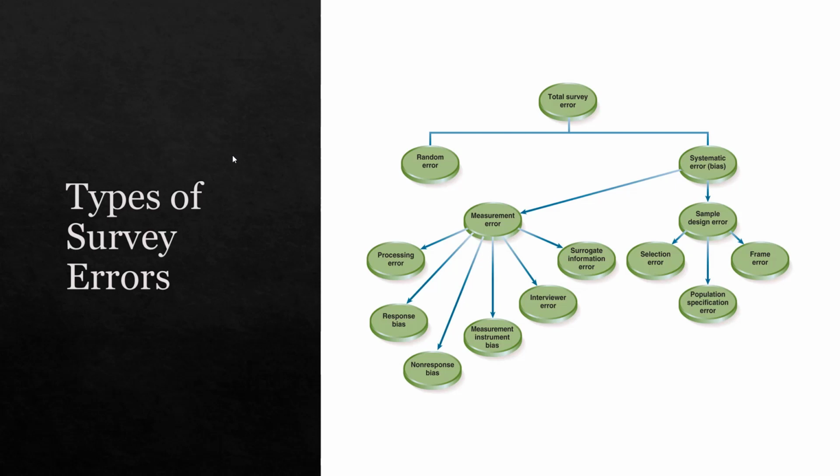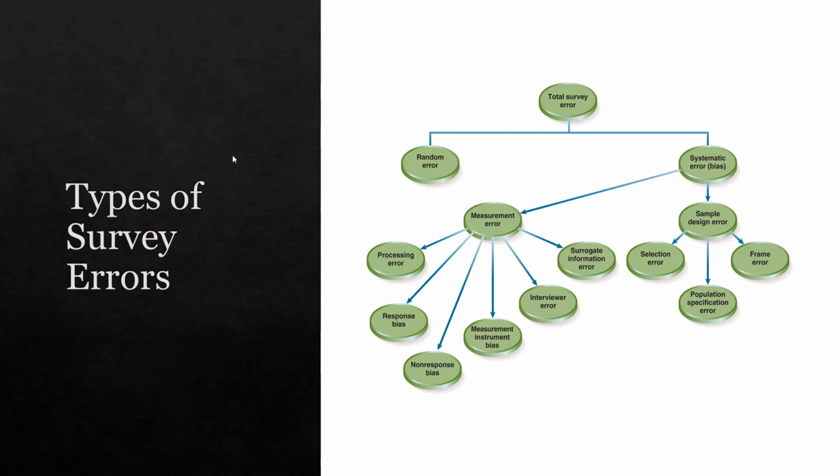But the big difference between professional researchers and amateur researchers is the type and amount of errors that a professionally made survey versus an amateur-made survey contains.